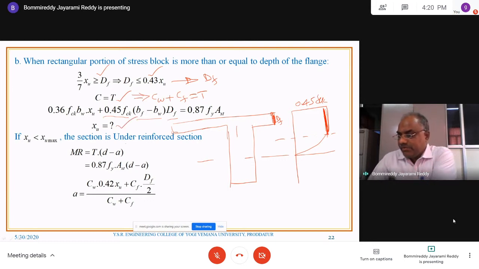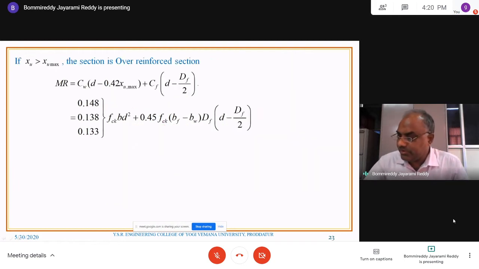If it is under reinforced, use the routine procedure that you have seen earlier. If it is over reinforced, the procedure is also the same. Only thing is, in the previous case YF was used, now we are going to use the DF value. Except that, there is no change in computing the moment carrying capacity of T-beams.